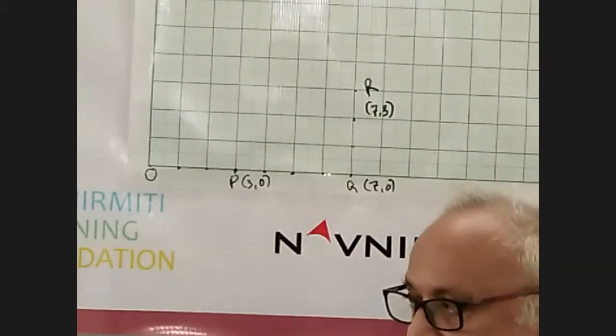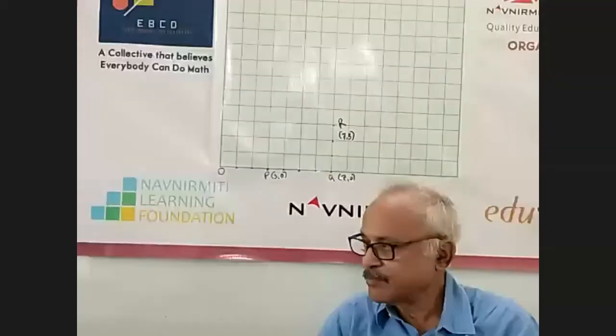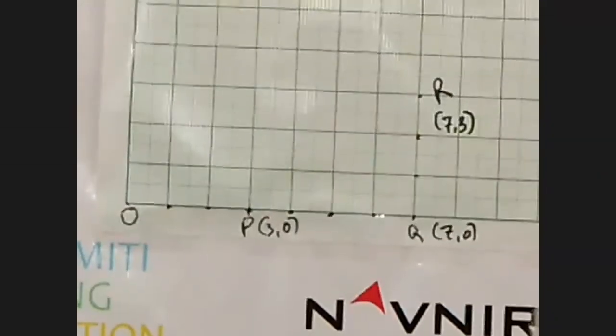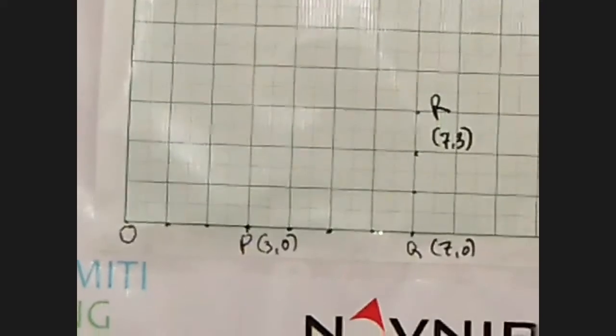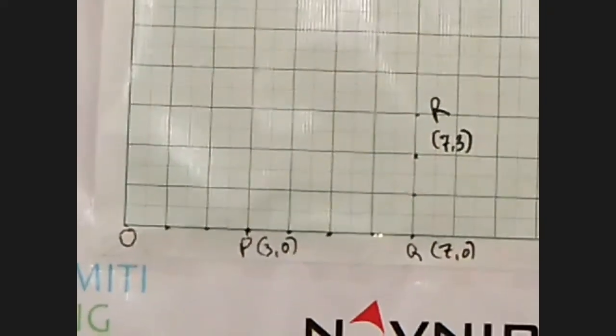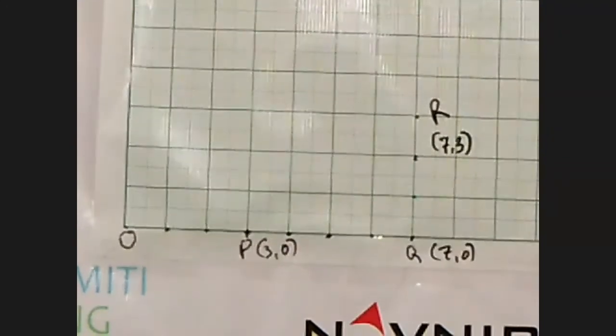Yes, we have taken 3 steps up for the point R. We are talking about point Q. We always start from 0.